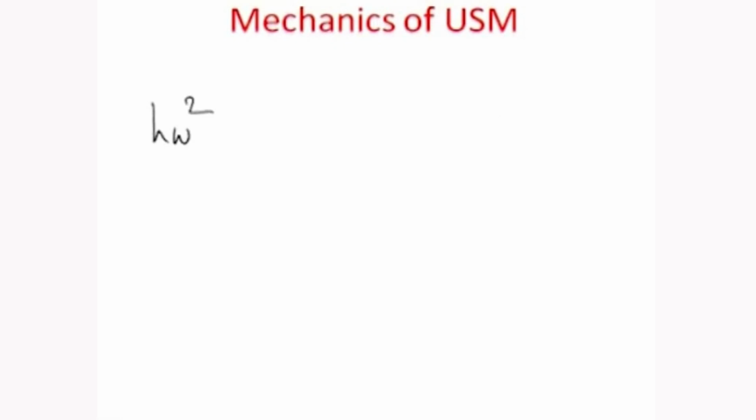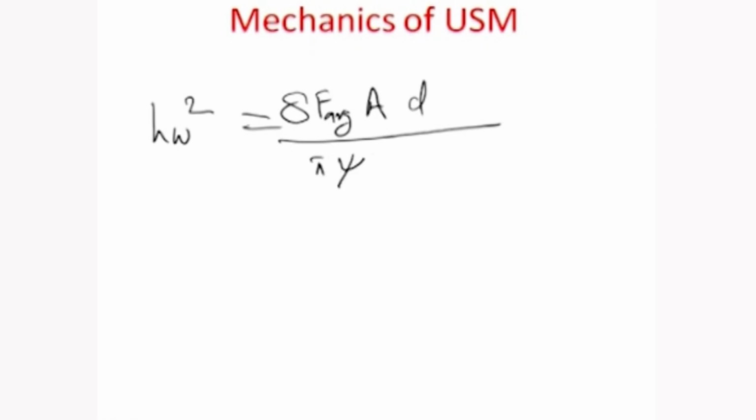So, the final form of the equation can come out to be: square of HW is equal to 8 times average force times amplitude A times grain diameter, divided by pi times xi, and the flow stress of the material is nothing but the hardness of the material.